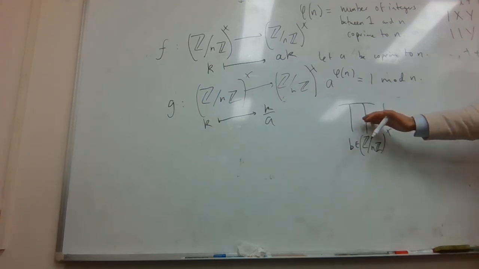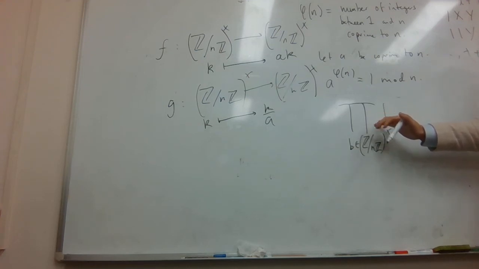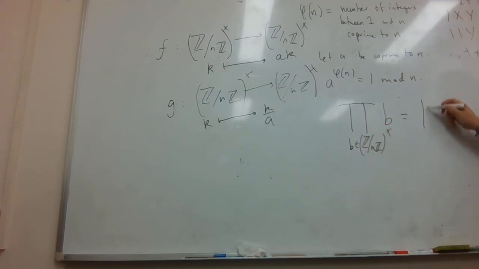If I times them all together, it should be the same as if I times them all together multiplied by a. Wait, isn't that just a to the phi(n)? Yeah, good, you're looking ahead. But you see why this is true? Because this is a bijection. This just reorders all the b's, but you're timing them all together anyway, so they're equal.